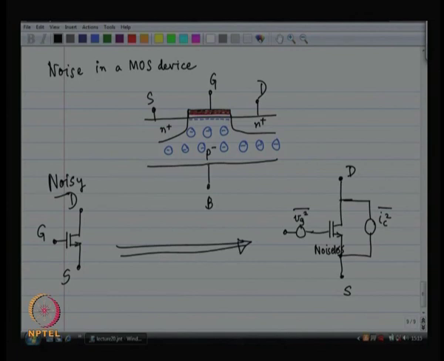Really, the body is not connected here, the body is connected here, somewhere far away, right, and this has some resistance, and wherever you have resistance, you are going to have noise, and that is an additional noise source which is going to come in series with the body terminal. Okay.